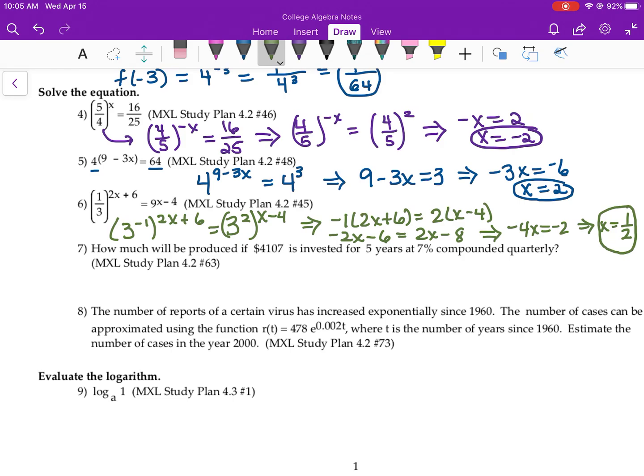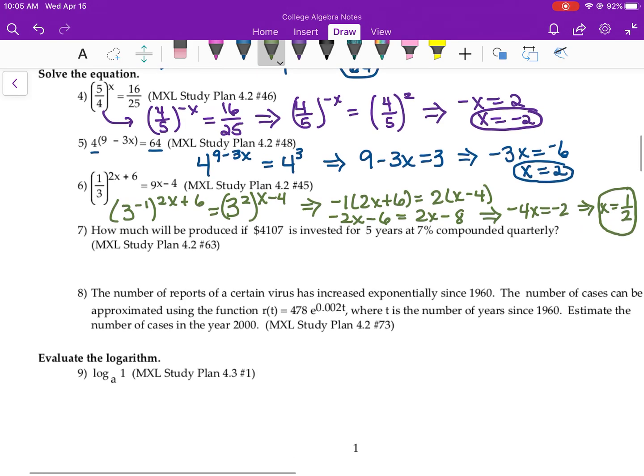Okay. Number 7. How much will be produced if 4107 is invested for 5 years at 7% compounded quarterly? So I'm going to find A. Here's my P times 1 plus r over n to the nt.